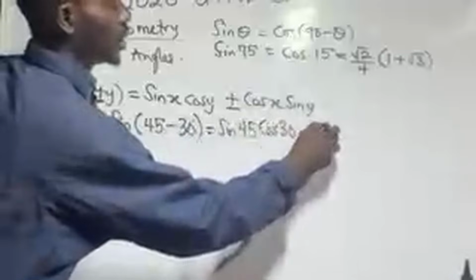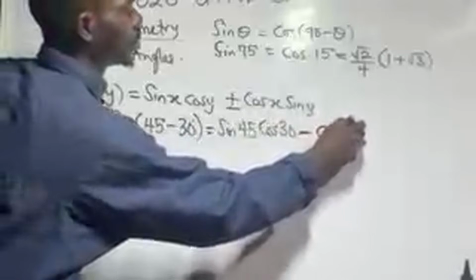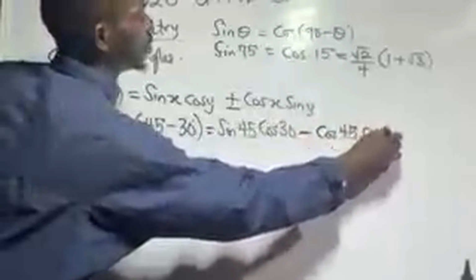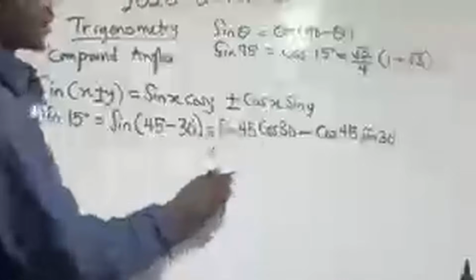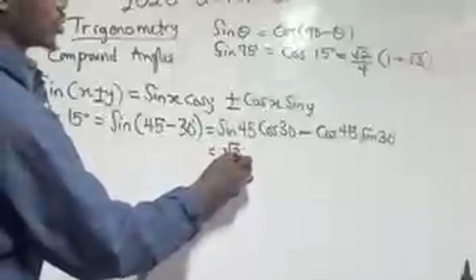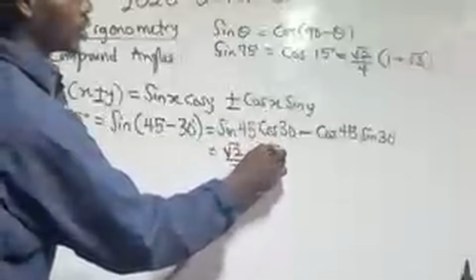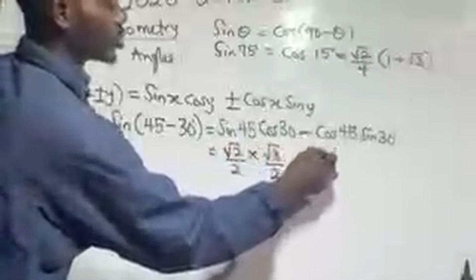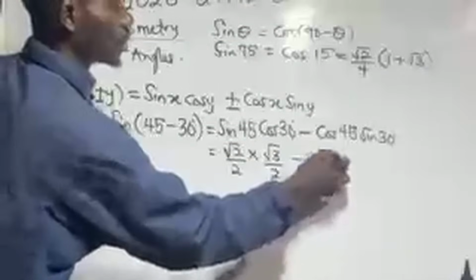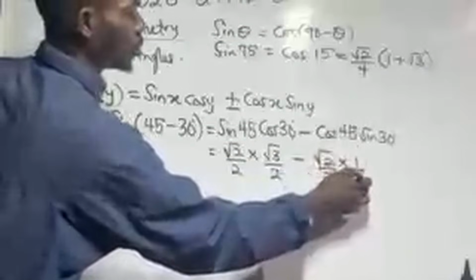Minus. Then cos 45 sine 30. So we have sine 45 to what? Root 2 over 2. cos 30 to what? Root 3 over 2, minus cos 45 to what? Root 2 over 2. And sine 30 should be what? 1 over 2.